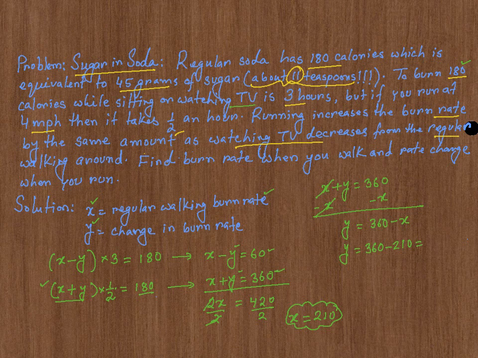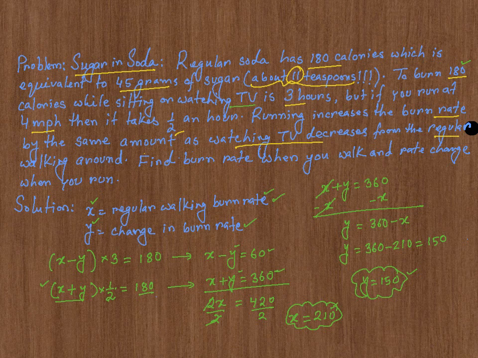That gives me 150. So Y is equal to 150. You can see that the change in burn rate is 150 calories per hour, and the regular walking around burn rate is 210 calories per hour.